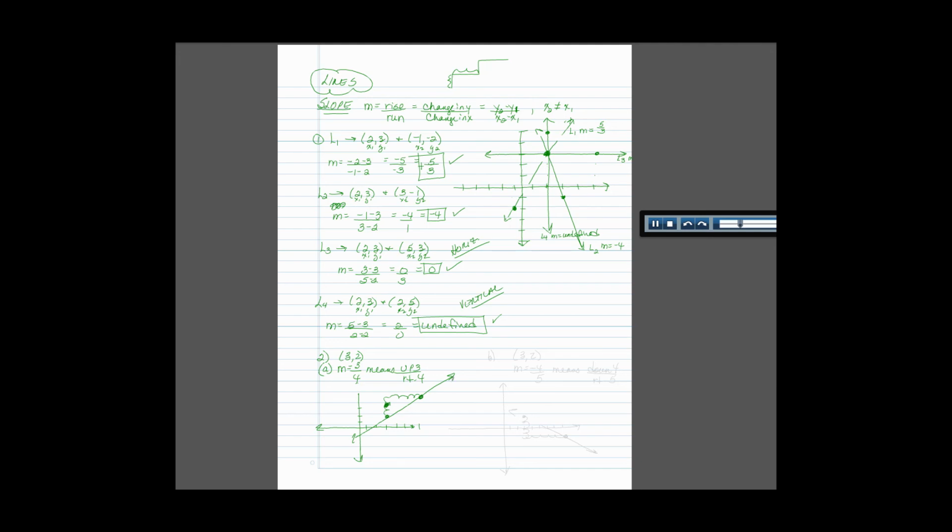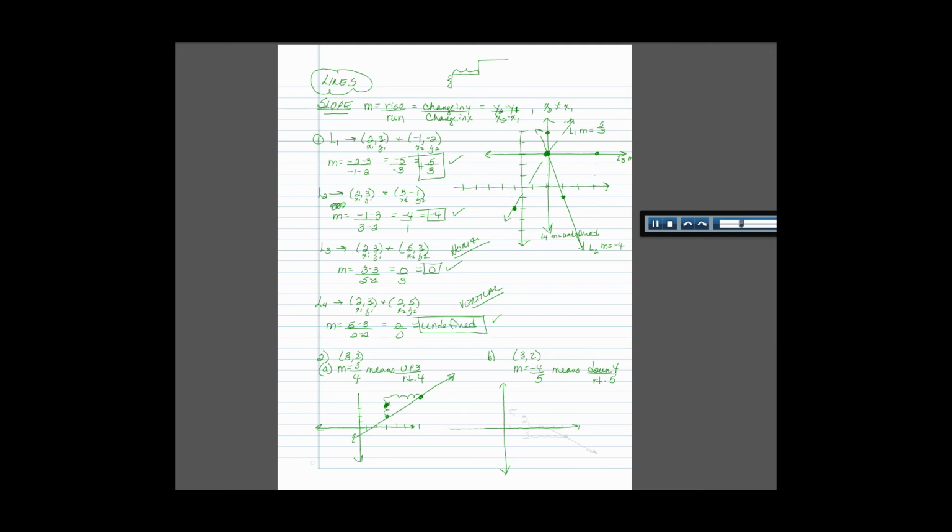All right, let's look at B. It still has the point (3, 2), but now the slope is negative 4/5. Notice I chose to put that negative in the numerator. You can put it in the numerator or the denominator. When I put it in the numerator, it means down 4, but right 5. So let's do that again, a little neater this time.